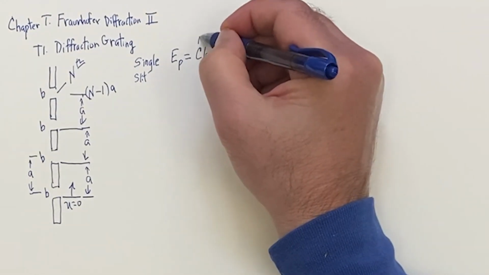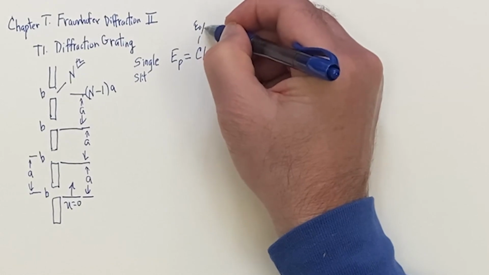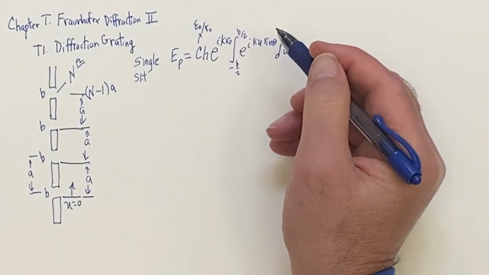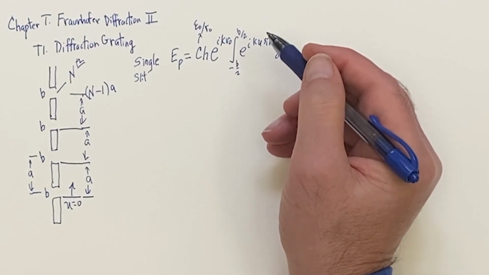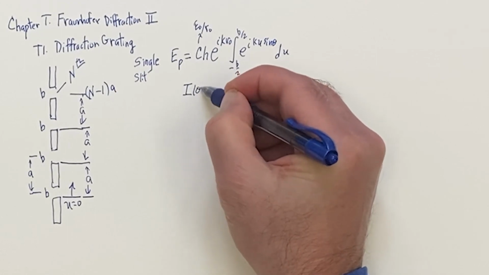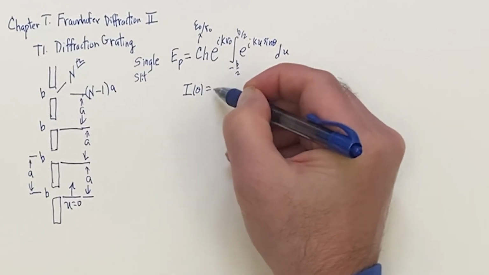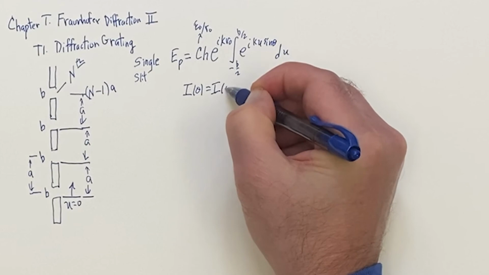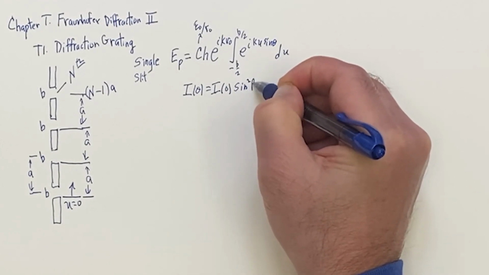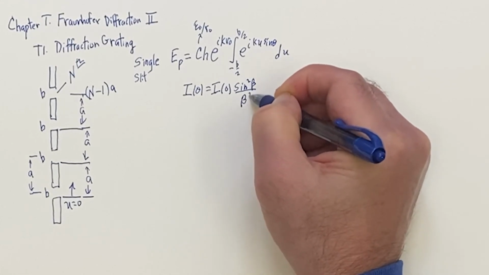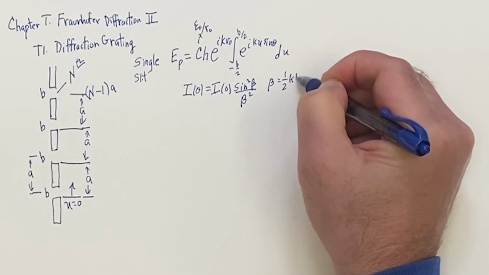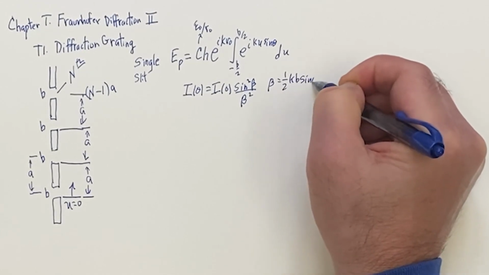And this was a constant here, like E naught over R naught. And when we did that, we got the answer, and this was one slit, so we call this the diffraction formula. We got sine squared beta over beta squared, where beta is 1/2 k B sine of theta.